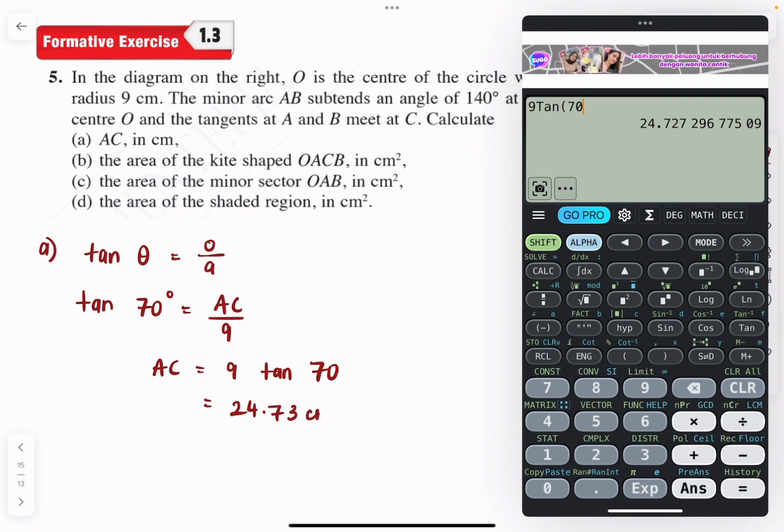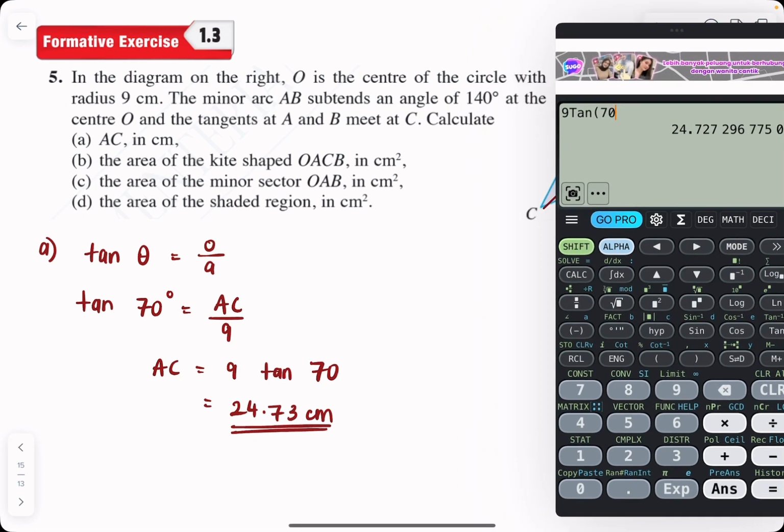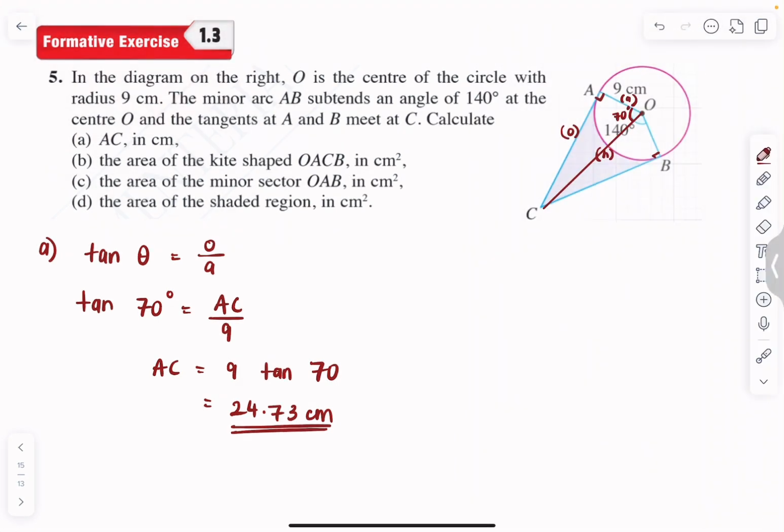Make sure your calculator is in degrees, not radians, because they will give different values. If you're using the white Casio, you check on top there if it's D, R or G. If it's not D, then you have to change to degrees. How to change? You press shift menu, angle unit, then you choose degrees. Okay, so we got AC. AC is 24.73.